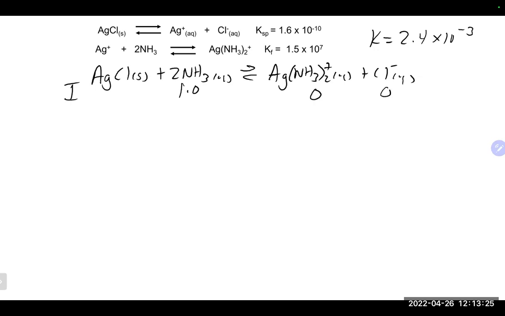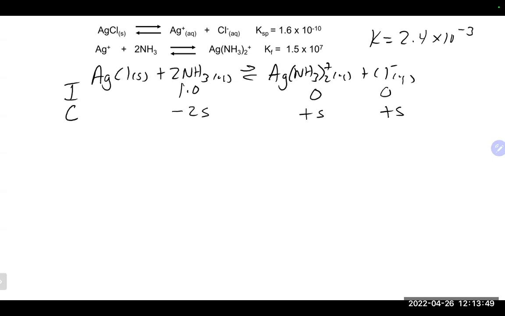The change part here is going to be very much like a KSP, except in this case, we actually are going to have somebody on the left-hand side there, which is the ammonia, and it's going to be minus 2s. This would be plus s and plus s here. So a little bit different because we are mixing obviously our KF and KSP together.